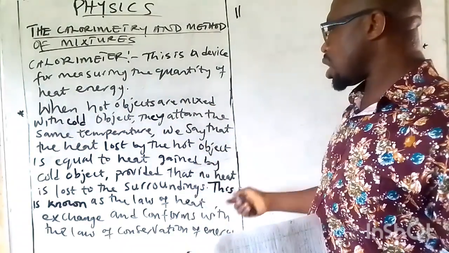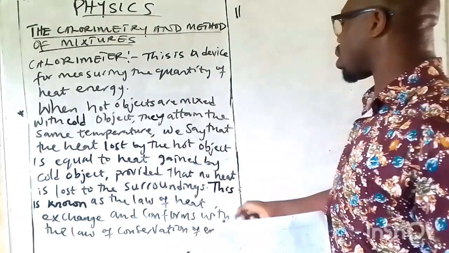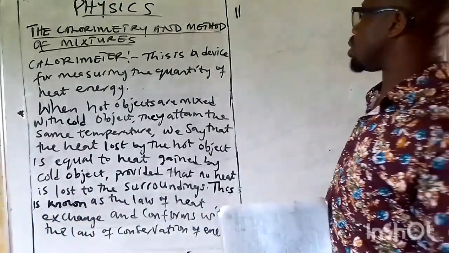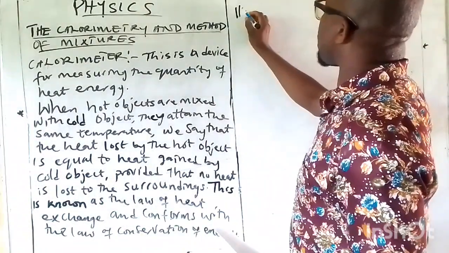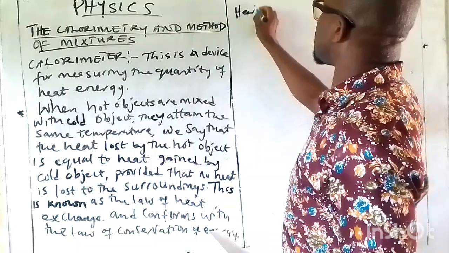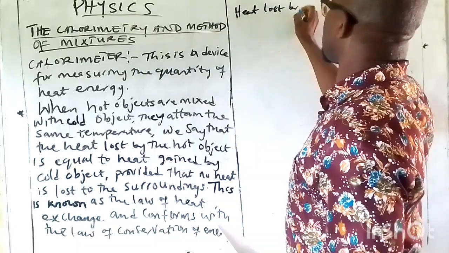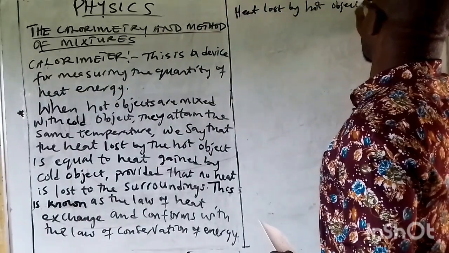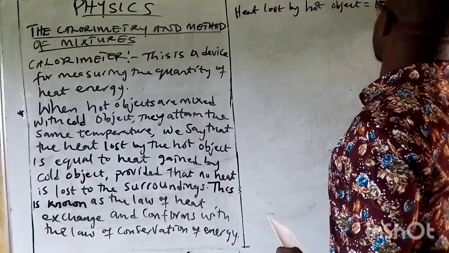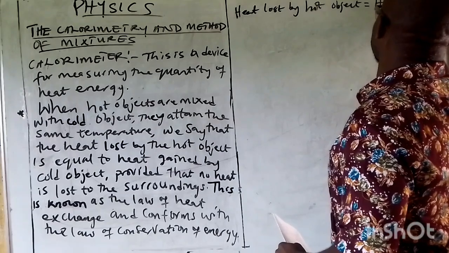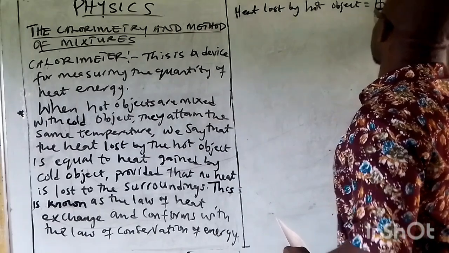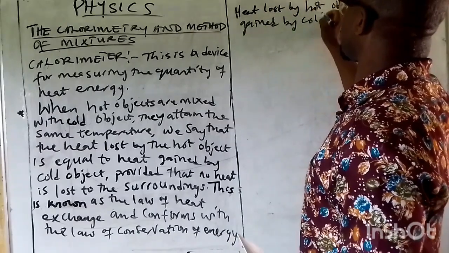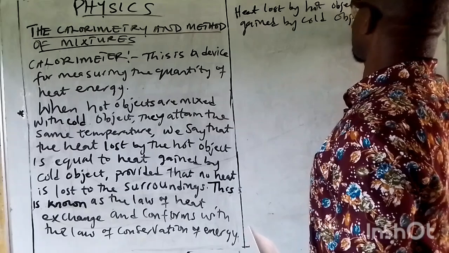And we say it obeys the law of conservation of energy. Now here we have that heat lost by hot objects is equal to heat gained by cold objects.